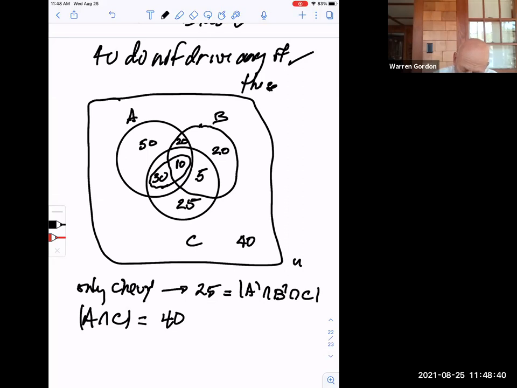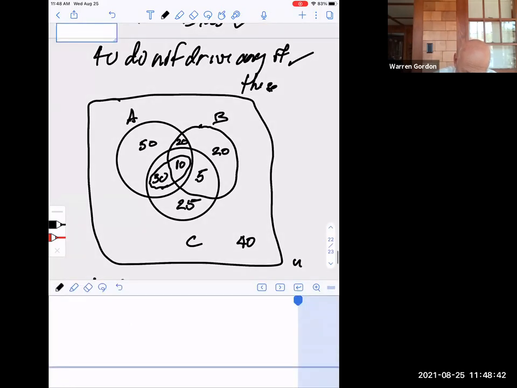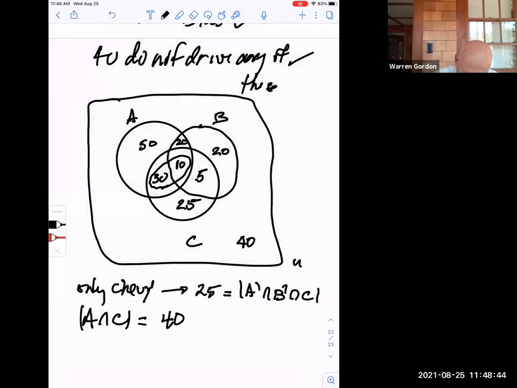At least one of the cars, well, we know 40 don't drive. There are 40 who don't drive any of them. So at least one of the cars is a union. The easy way is you just take 200 minus 40, which is 160, or just add up all the numbers on the inside.